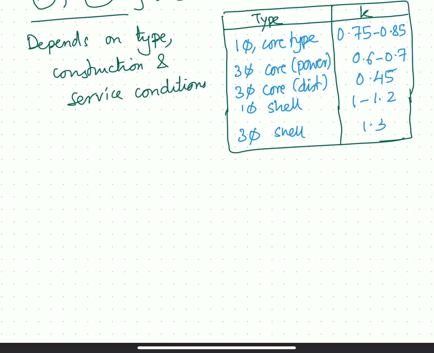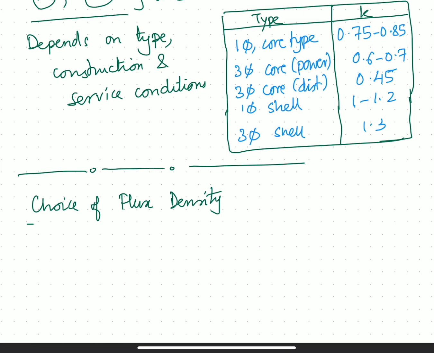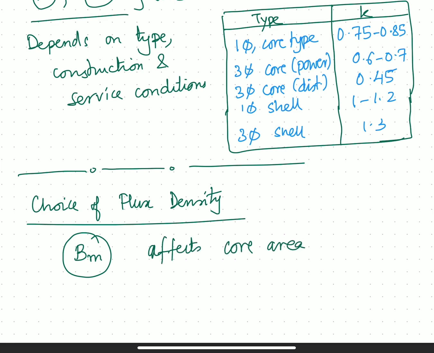Before we conclude this lecture, I would like to mention the choice of flux density. The flux density, as you must have seen in the previous equations, this flux density Bm affects the iron area or the core area Ai, right?